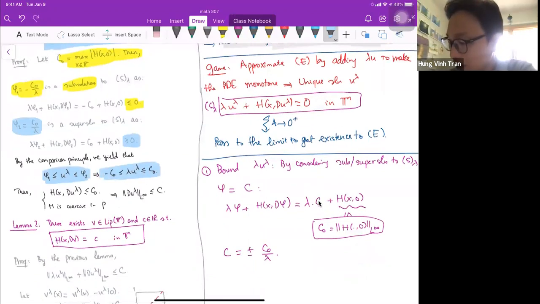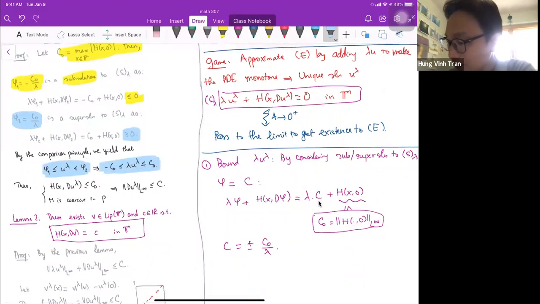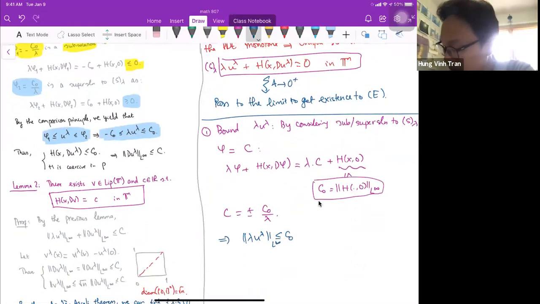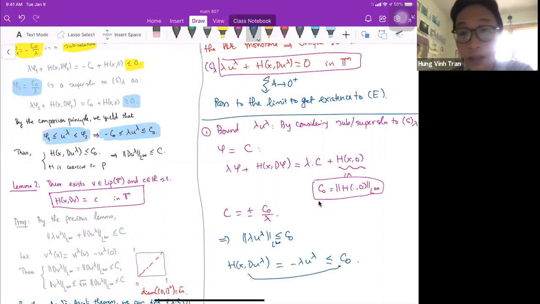This implies that lambda u lambda is less than C naught in L infinity. Then you plug it back into the equation: you have h of x du lambda equals minus lambda u lambda, which is less than or equal to C naught. So h of x du lambda is bounded by C naught.